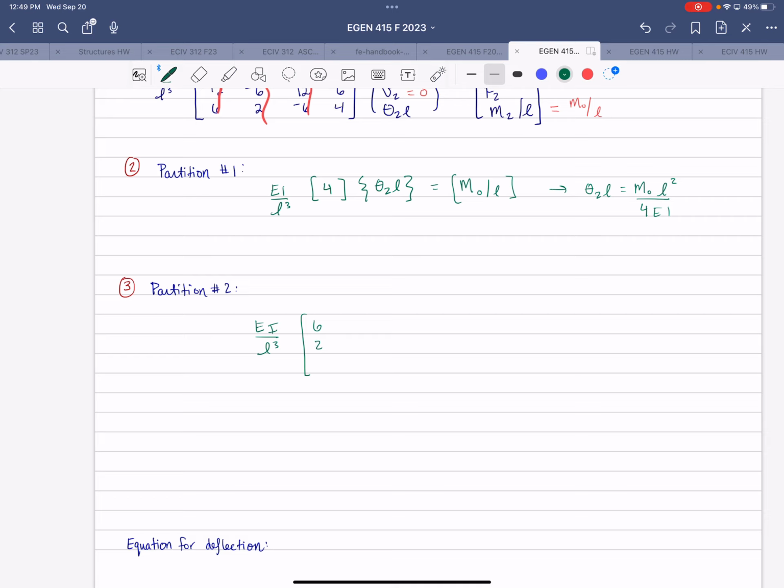So we have the 3 rows of column 4, 6, 2, negative 6. Multiply that by theta 2L.